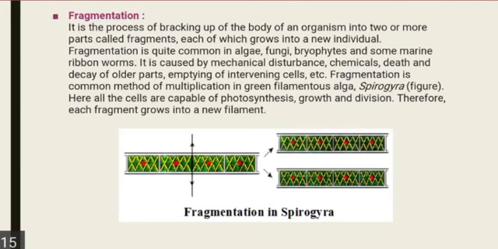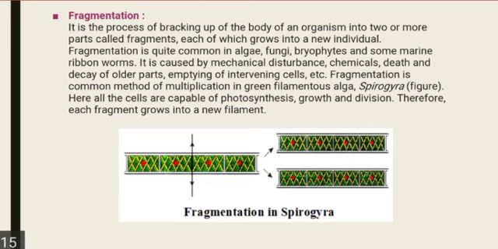In this process, the body of the organism breaks, and here we will take Spirogyra as an example. You can see the structure of Spirogyra in the picture. The body of the organism is breaking into two or more pieces, which we can call fragments, each of which grows into a new individual.